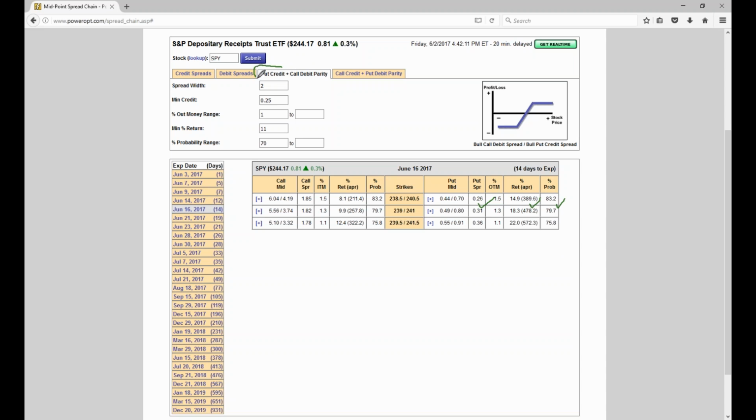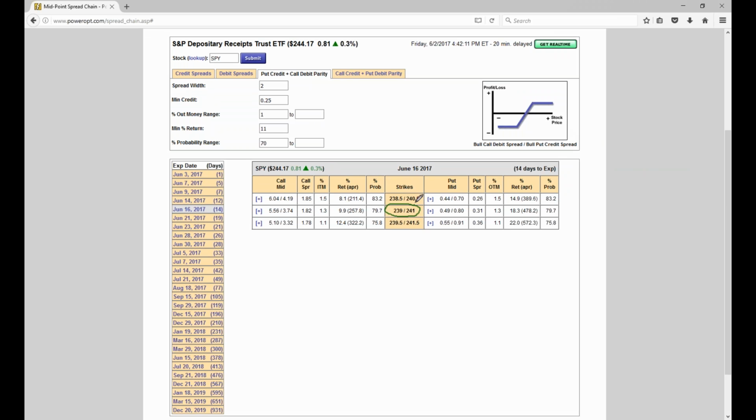Now why do I want to look at this tab here that has the put credit and call debit parity? Because if I've decided that I'm going to do a bullish spread, I want to compare it to the parity trade on the position. Because I might get more bang for the buck on the bull call debit side. So let's take the standard non-50-cent strike differences here for our bull put credit spread.